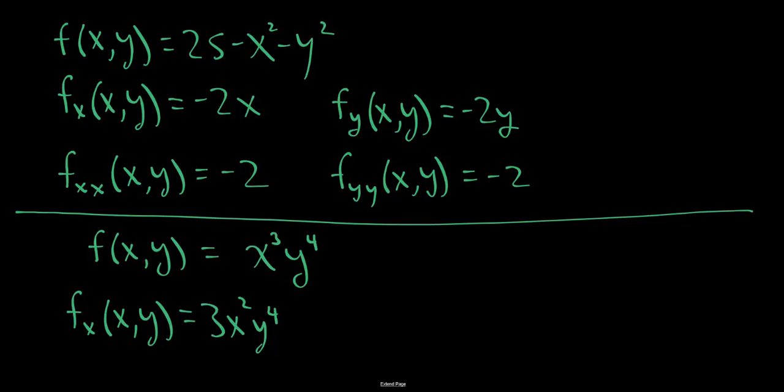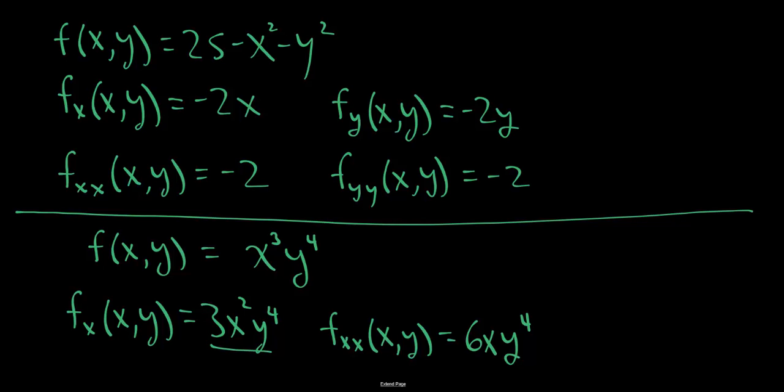If instead of y to the 4th we had 2x cubed, then I would have 3x squared times 2. Now, we can also do the next derivative, just like we always have. I'm differentiating this, and I'll get 6x y to the 4th. So there's the second derivative.